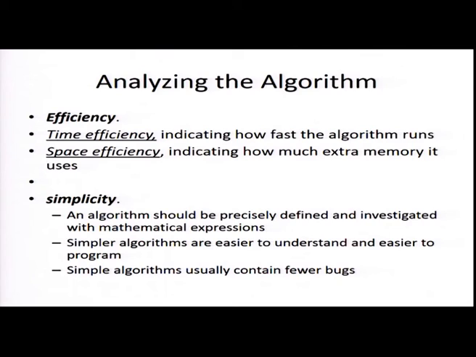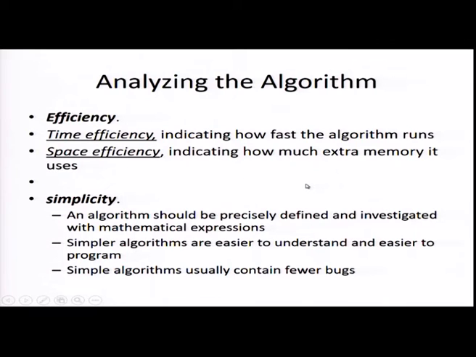So, as far as time efficiency is concerned, whatever algorithm takes the least time duration is said to be an effective and efficient algorithm. A time efficient algorithm determines how fast the algorithm will take its time for running a particular task, a particular logic.